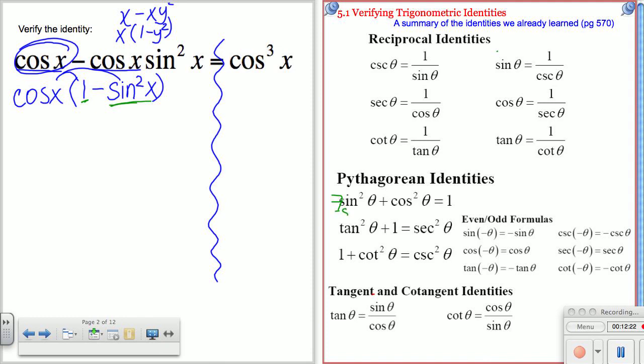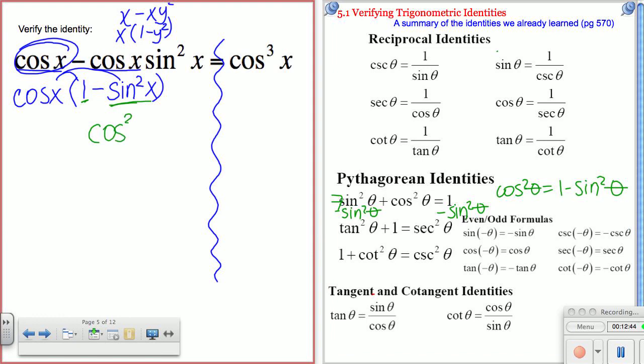If I subtract a sine squared from both sides, I'm left with cosine squared equals 1 minus sine squared. So cosine squared is the same as 1 minus sine squared. I'm going to replace my 1 minus sine squared with a cosine squared because of that Pythagorean identity.